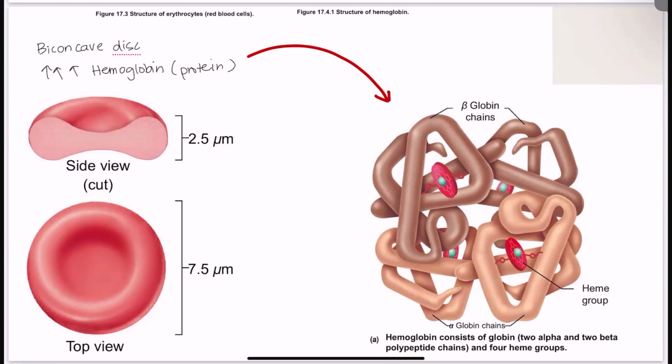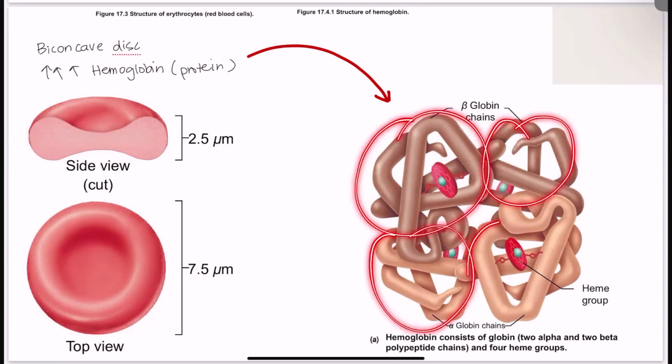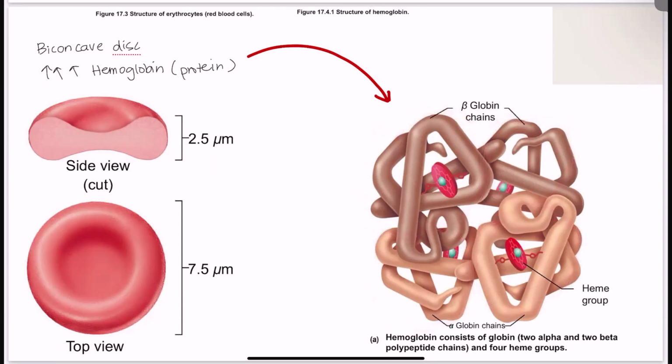Each of these different parts that you see here, like this brown part, that brown part, that brown part, that brown part, is a different subunit, or smaller part, of the protein hemoglobin. There are two different types of subunits, but four in total. I'll highlight it. We have two beta globin chains.